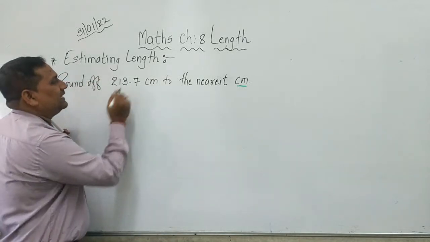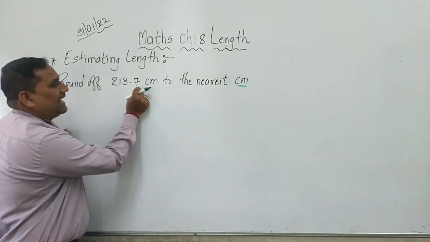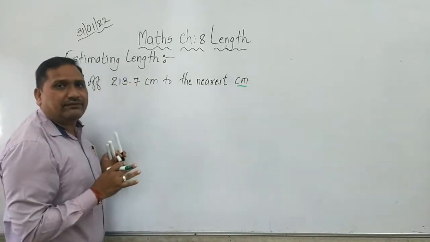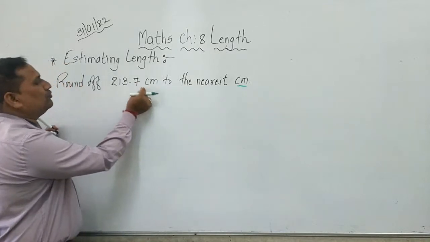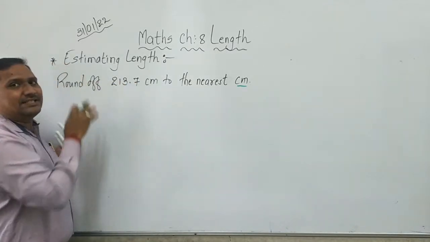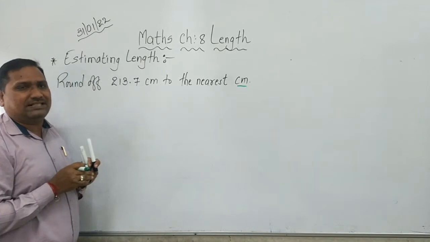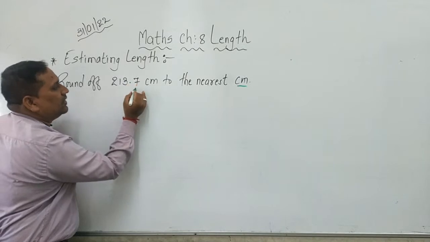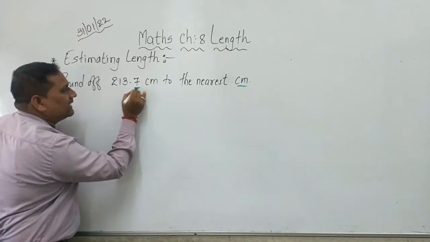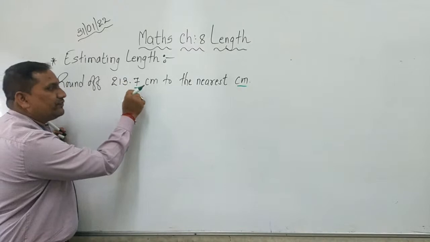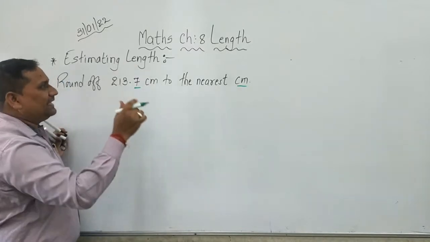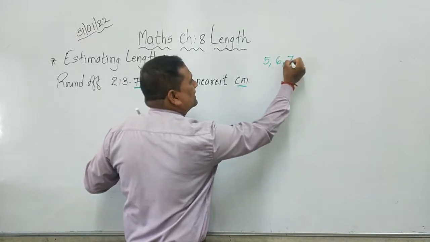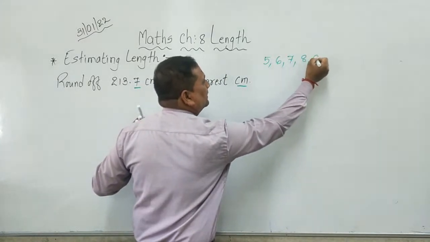Students, as we have seen earlier, after the decimal, if it is 5 or greater than 5, that means we have to add 1 to the number before the decimal. Over here 213.7 is given. So see whether after the decimal it is 5 or more than 5. That means it may be 5, 6, 7, 8, 9.